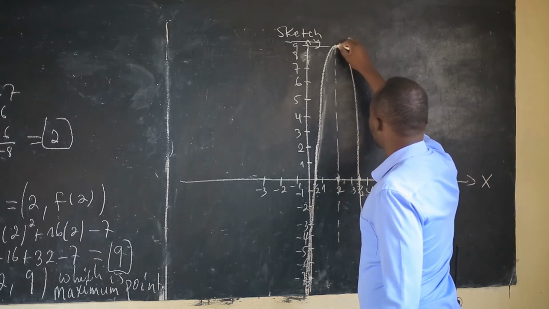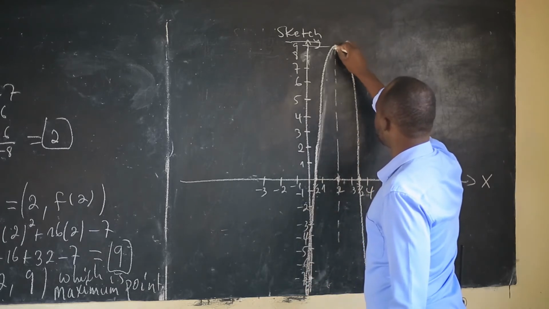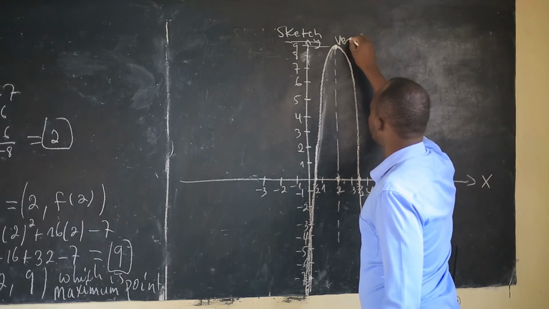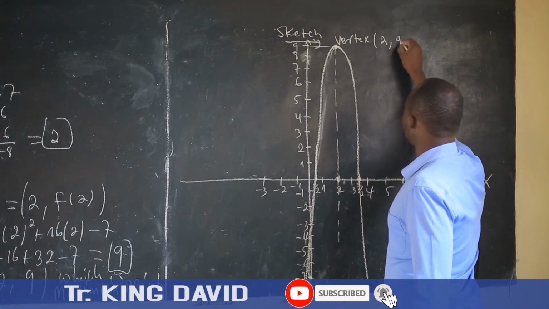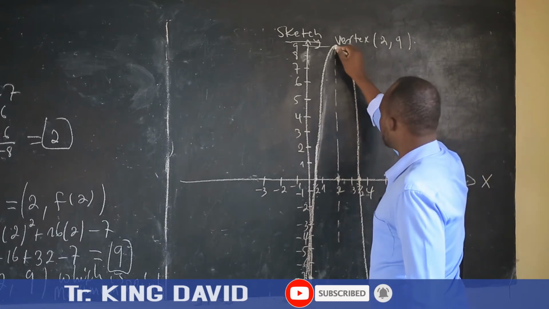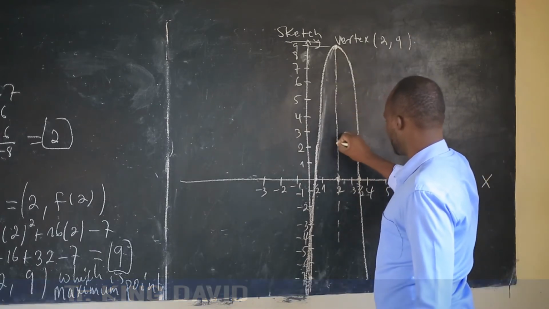So this is our curve where we have our maximum point as a vertex, which is (2, 9). And this is the axis of symmetry.